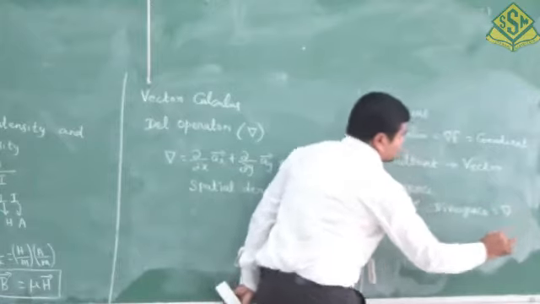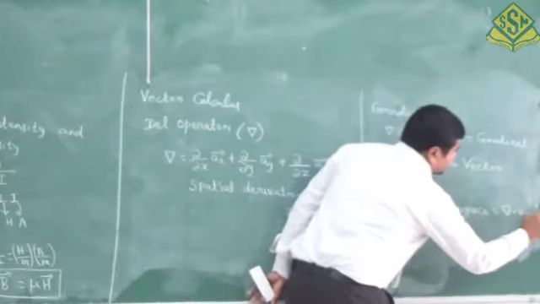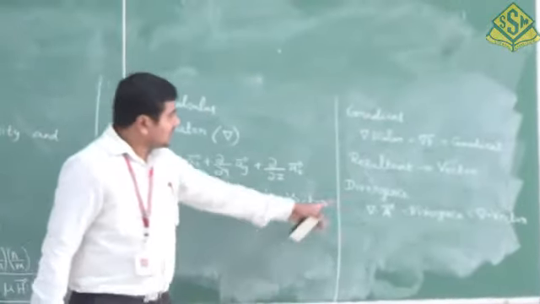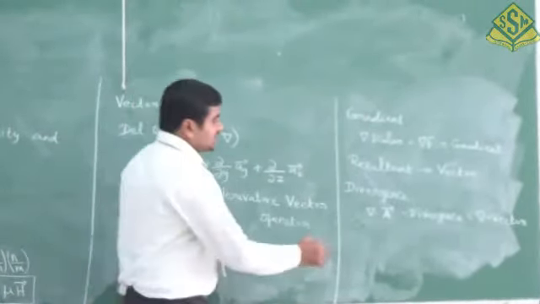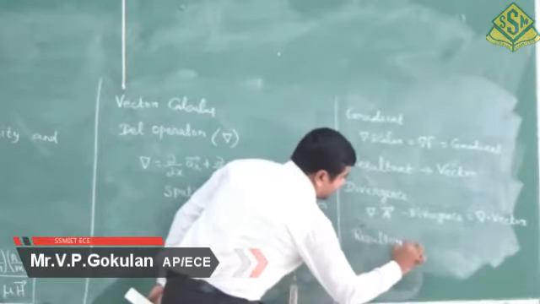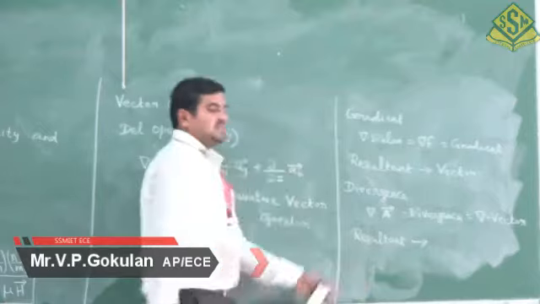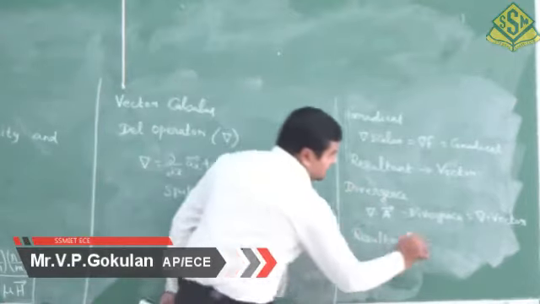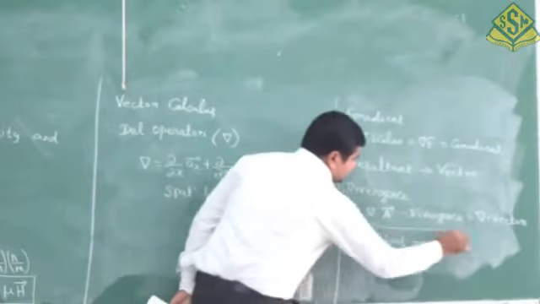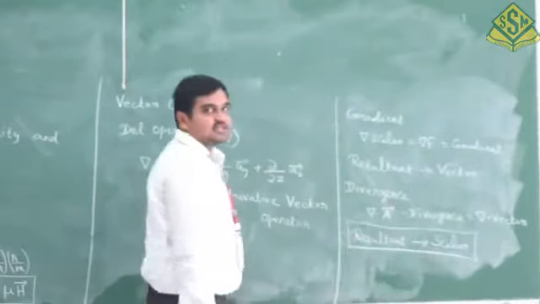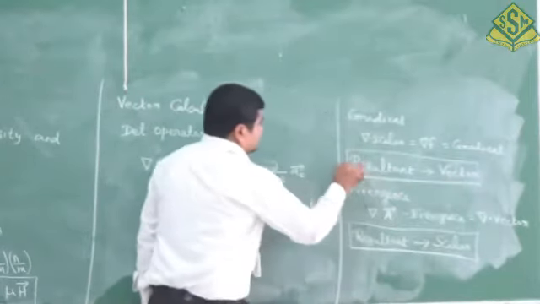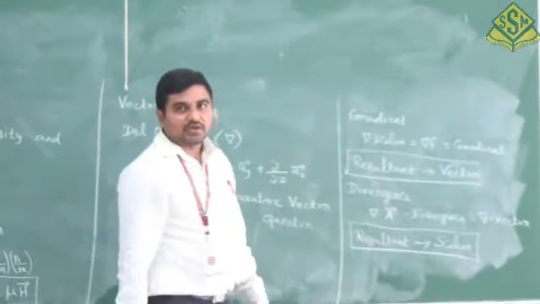The dot product of del and a vector quantity is the divergence. The resultant of this divergence is always a scalar quantity. The resultant of the gradient is always a vector quantity.